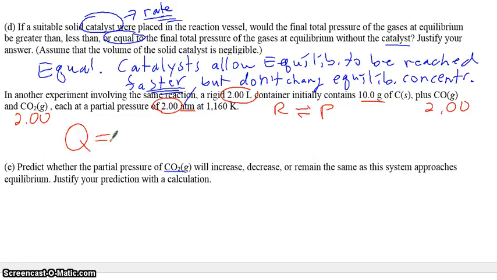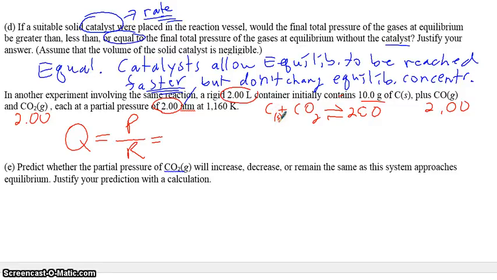Remember, we would set up Q to see where we are compared to equilibrium, and then determine if we're going to go to the left or to the right of the reaction to get there. So Q is defined as products over reactants exactly the same way. So back to our reaction, which is carbon plus CO2 in equilibrium with 2CO. Because carbon is a solid, we don't really care about it.